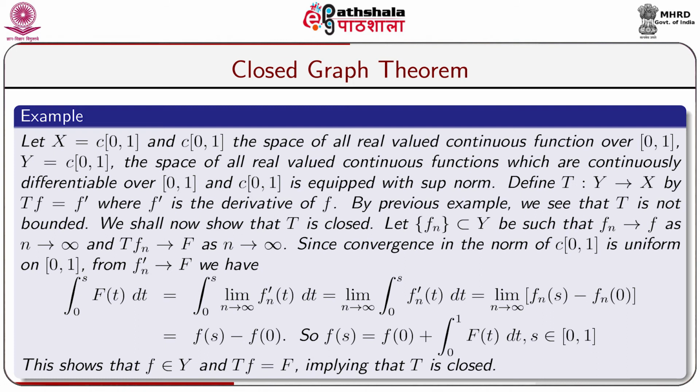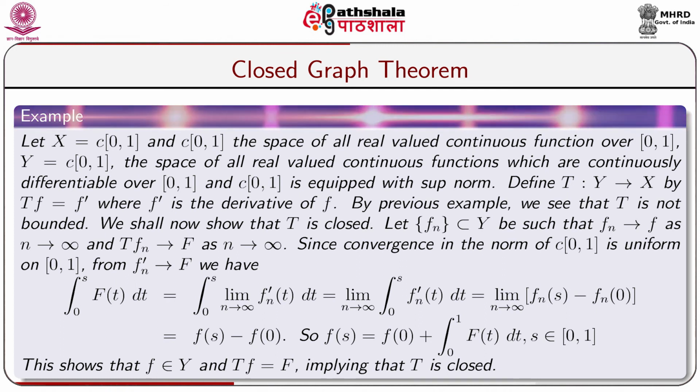Define T from Y to X by Tf equal to f'. We see that T is not bounded. We shall now show that T is closed. Let the sequence fn be taken from Y such that fn goes to f as n tends to infinity, and Tfn goes to g as n tends to infinity.